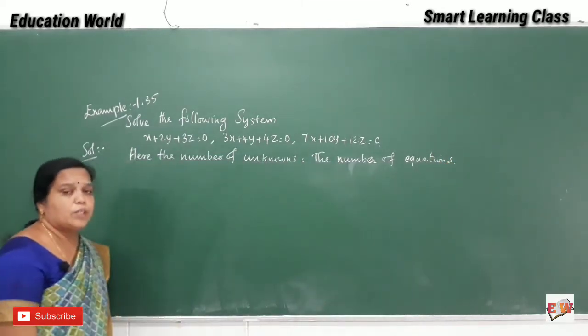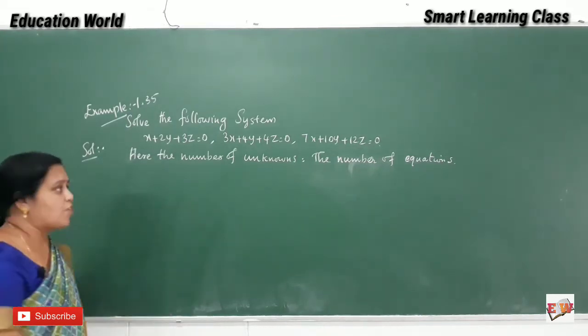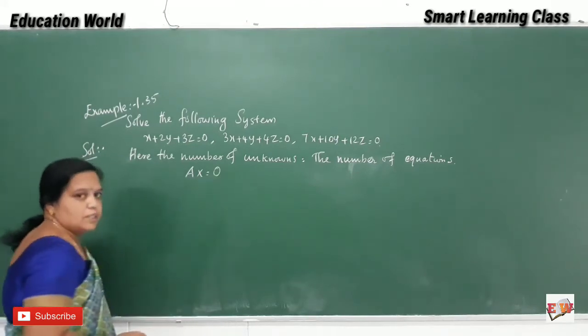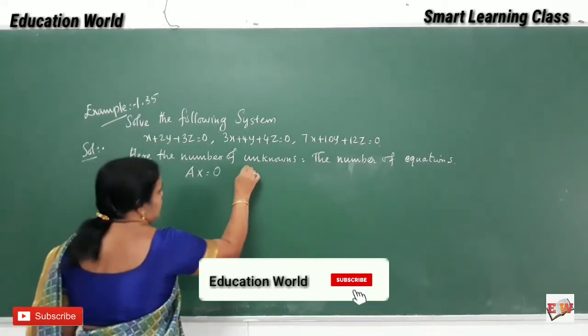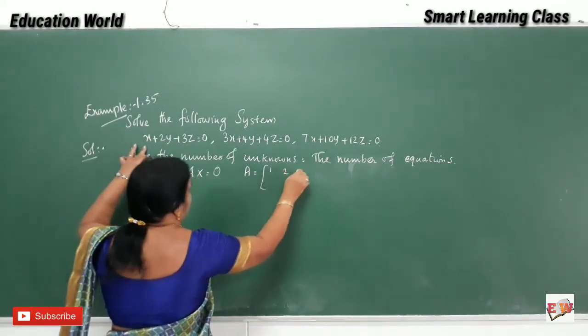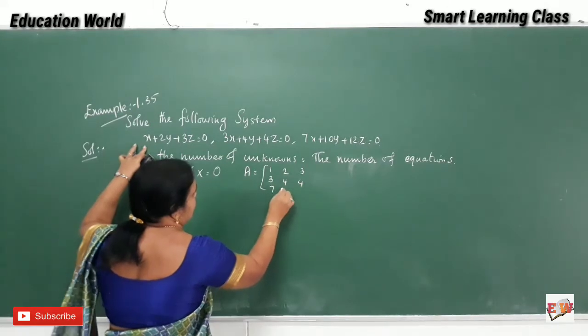Suppose we are going to write the equation into matrix form. Ax is equal to O, isn't it? Here A is equal to 1, 2, 3, 3, 4, 4, 7, 10, 12.